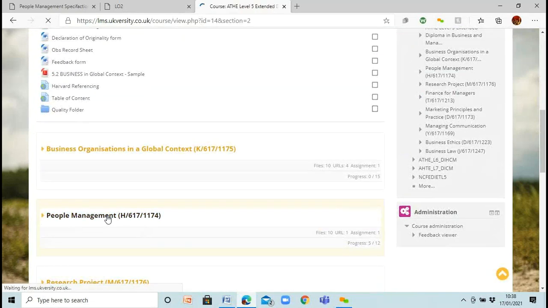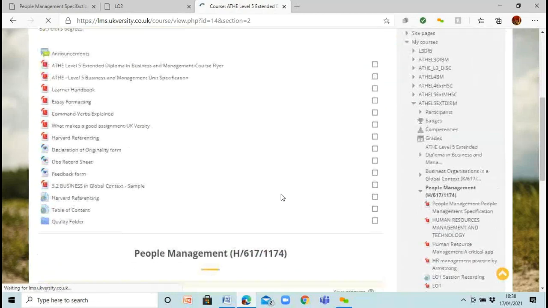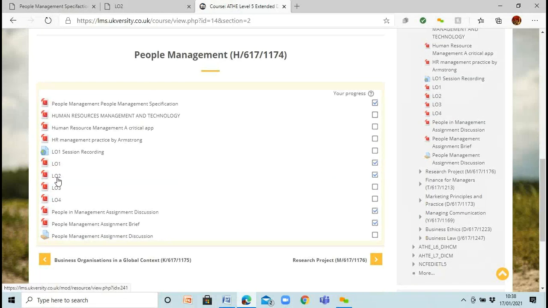So we're just going into the people management unit here. And like I mentioned in the previous session, we're just going up here. The first, where my arrow is pointing, is the people management spec sheet, which we've been looking at. And then we've got learning outcome 2, which is the PowerPoint for your reference, which is what I've been working through today.